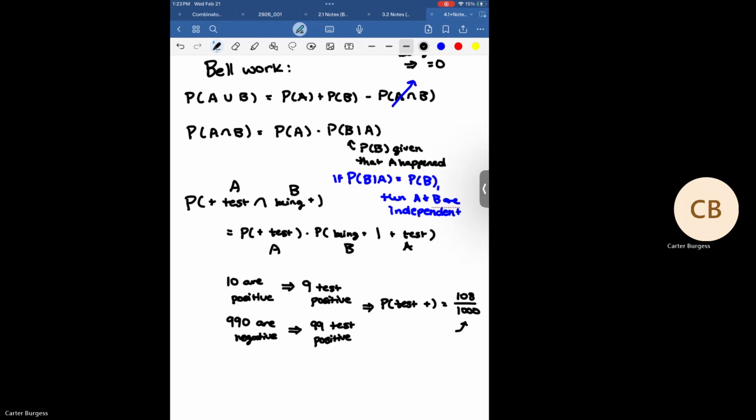Okay? So now we need to figure out the likelihood of being positive given the fact that we have a positive test. So how many people is this talking about? If we are assuming that the people that we are describing have been given a positive test, what is our new sample size? How many people is that describing?